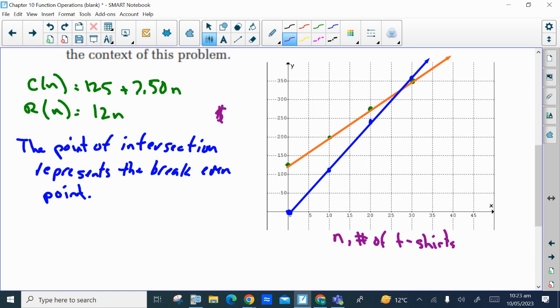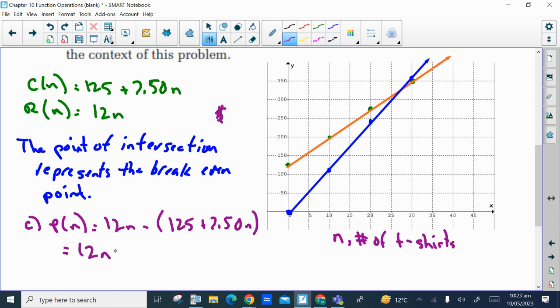Part C says the profit is the difference between revenue and cost. Write our profit function. So profit is revenue, which is 12n, minus cost, which is 125 plus 7.5n. So again, the minus sign in front changes all the signs inside.